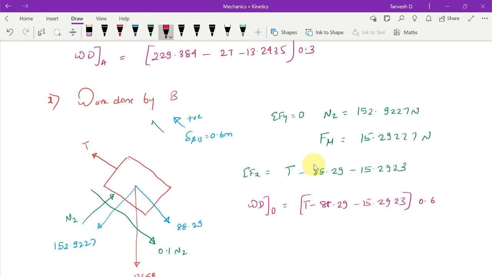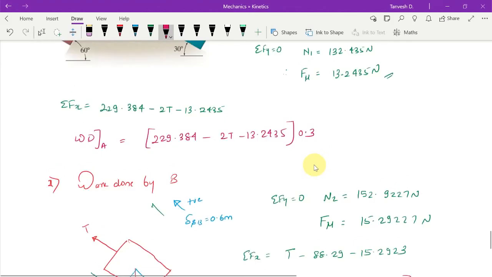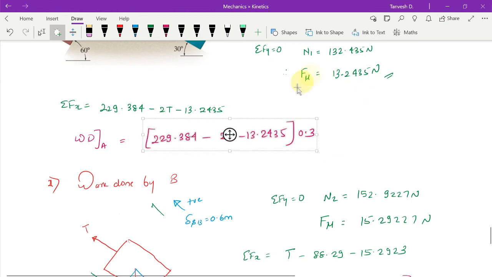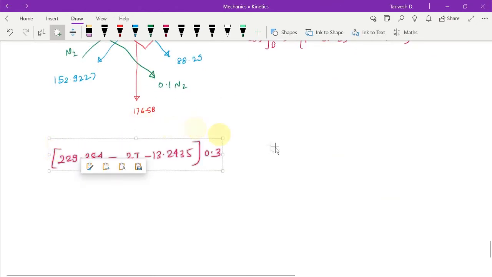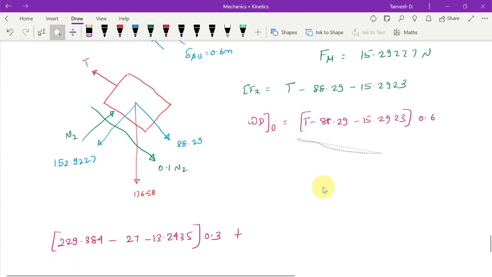So 229.384 minus 2T, or rather I'll just copy that, that would be easier. And plus the work done by B, which is this one.